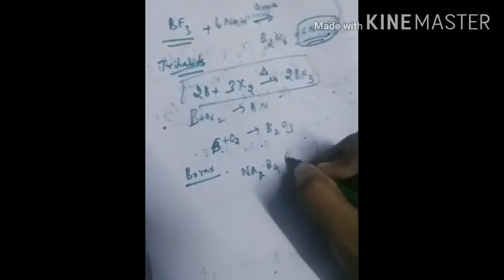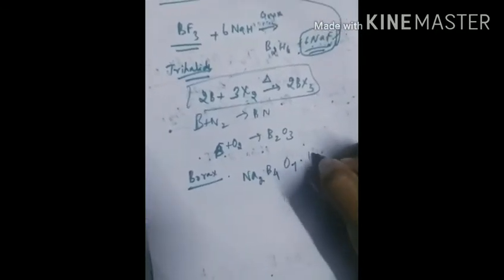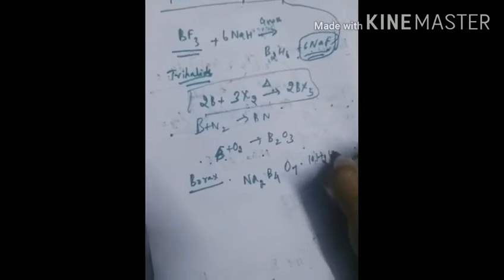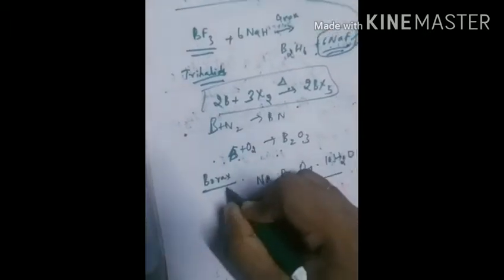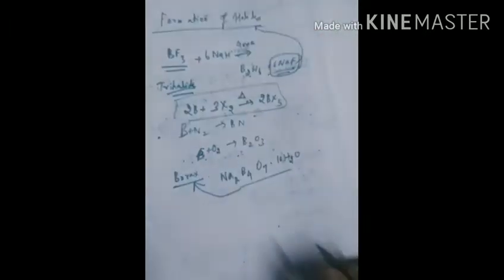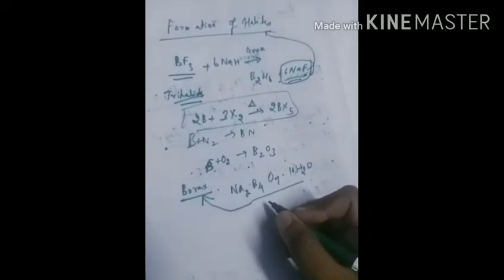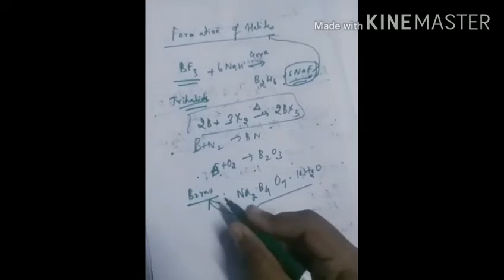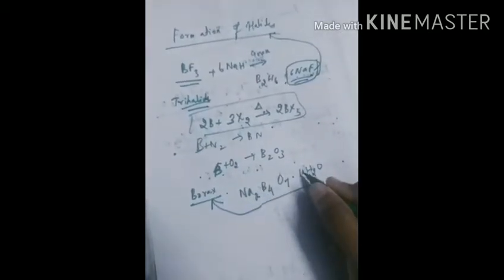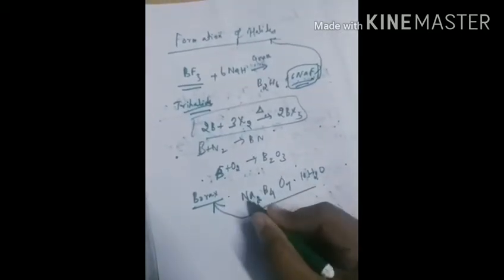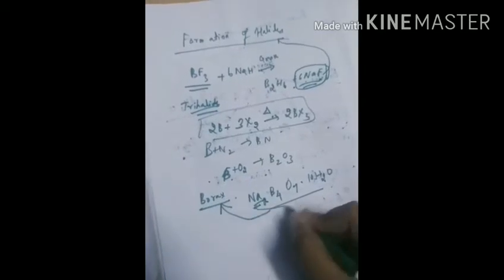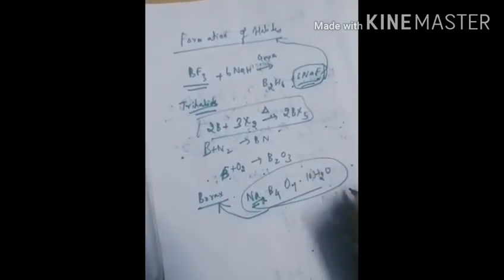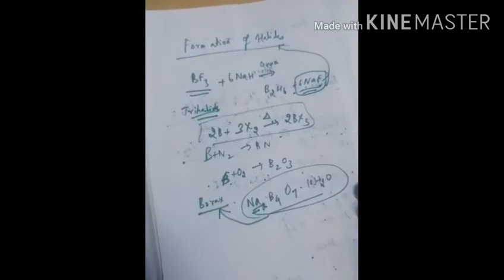I have told you all before. Borax is nothing but some borate form of boron. So how are we going to prepare this? Borax is nothing but some sodium salt of tetraboric acid.